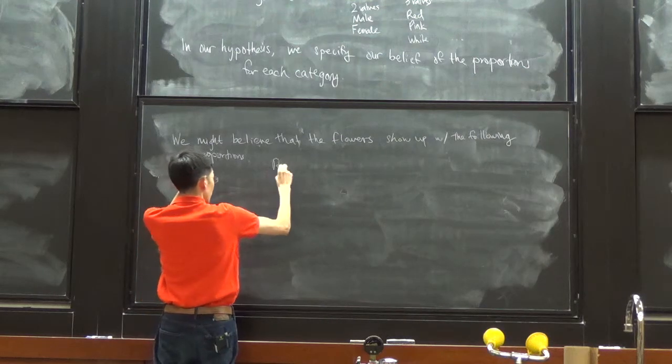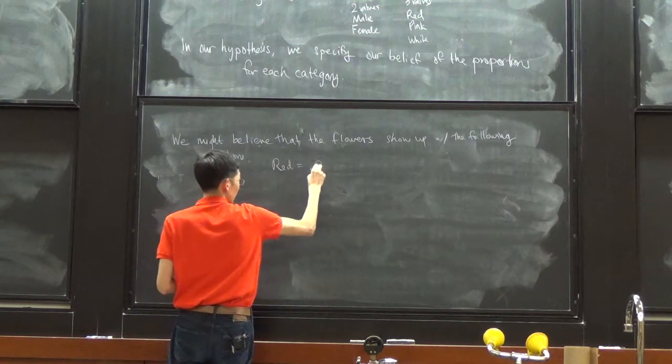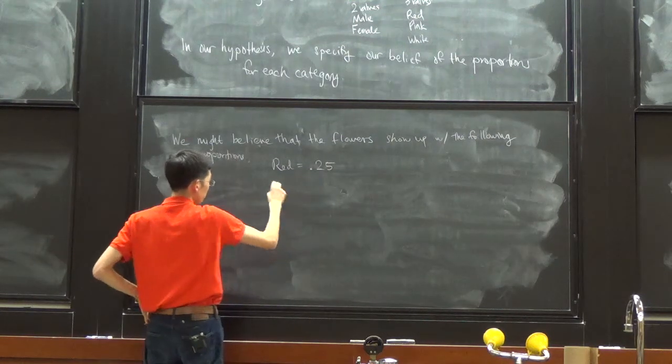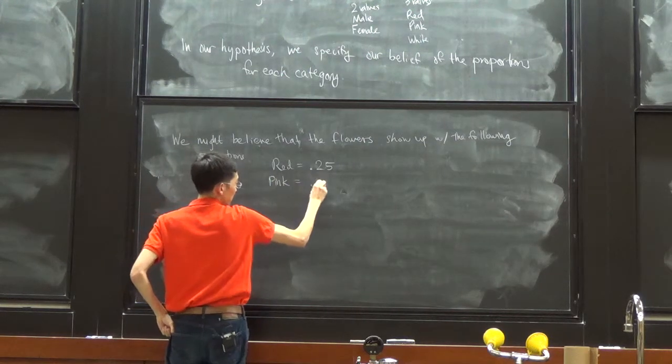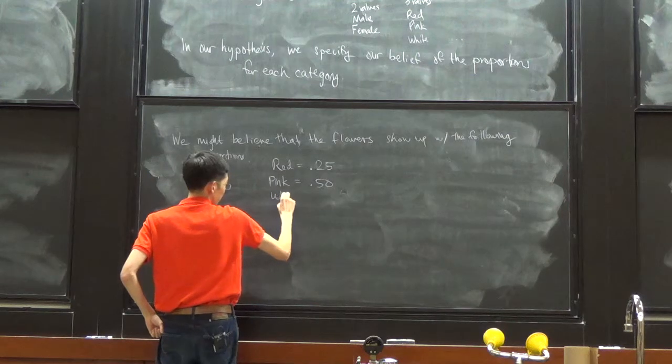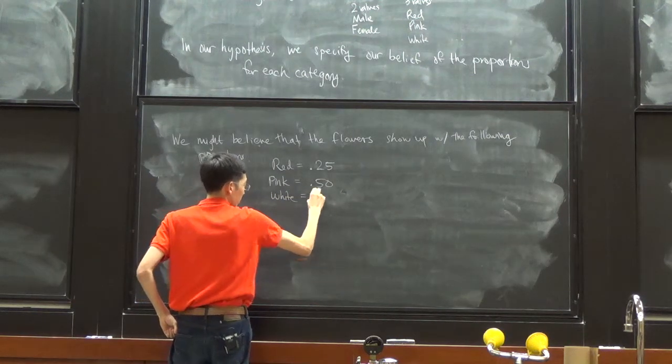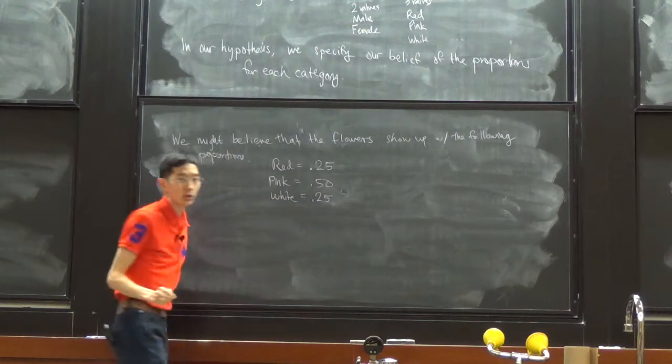We might say red shows up 20% of the time, pink shows up 50%, and white shows up 25.